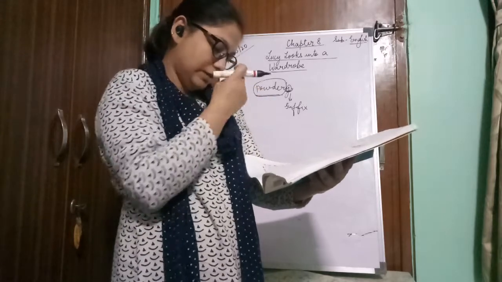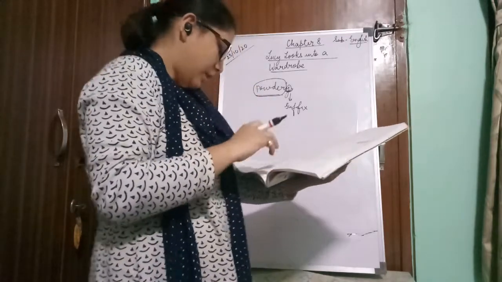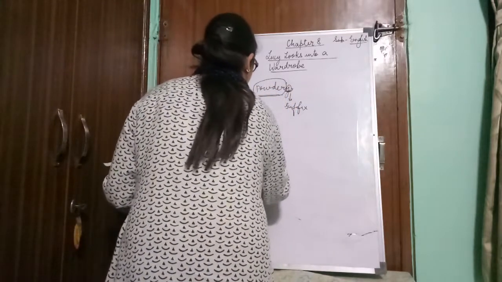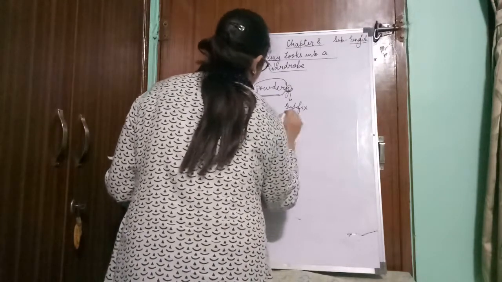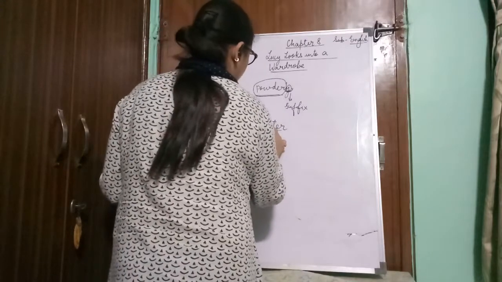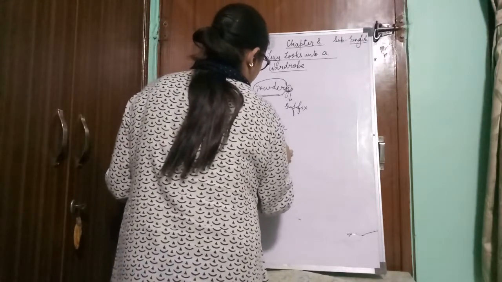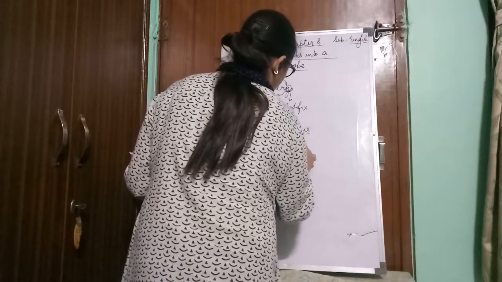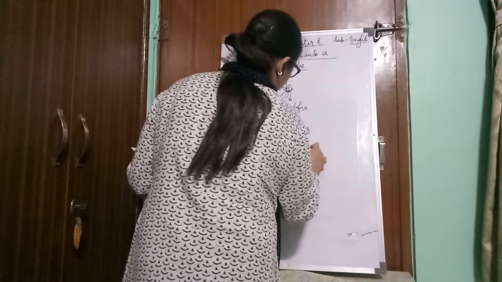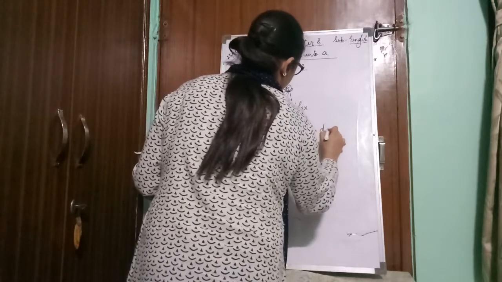Like you see, children, disaster is a noun. When we add the suffix ous to it, it becomes disastrous.